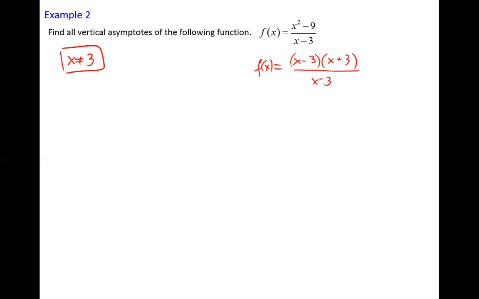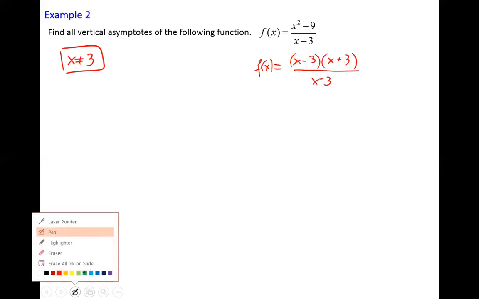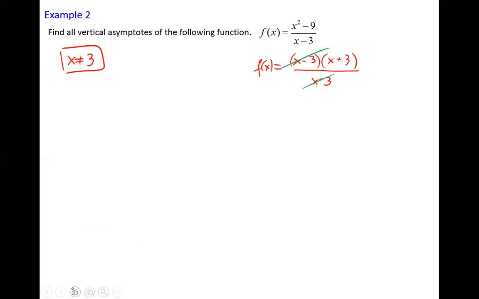And now I see a common factor. That means in this case, I have to simplify, and my function in the reduced form has a formula x plus 3. No zeros in the denominator. That's when I think this function doesn't have a vertical asymptote.